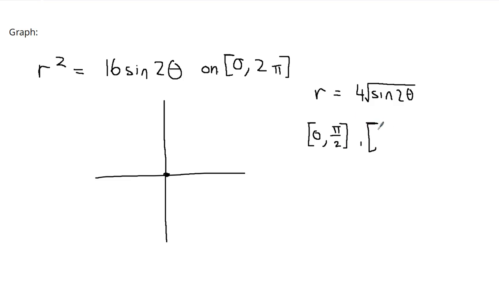But then we have another set, which is pi to 3 pi over 2, and then 3 pi over 2 to 2 pi doesn't work, and then finally we have our final value, which is 2 pi. So that's all the graph.